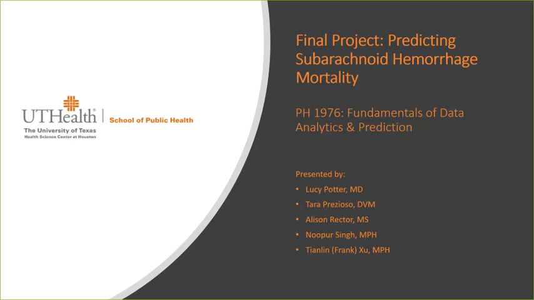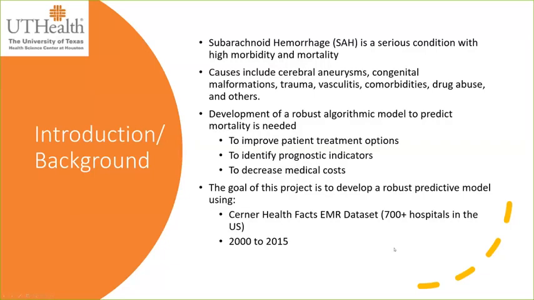Hello, everyone. Today we will be presenting our project on predicting subarachnoid hemorrhage mortality. Next slide, please. Subarachnoid hemorrhage, also known as SAH, is a serious condition with high morbidity and mortality.